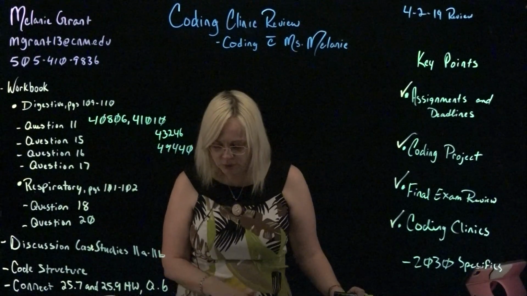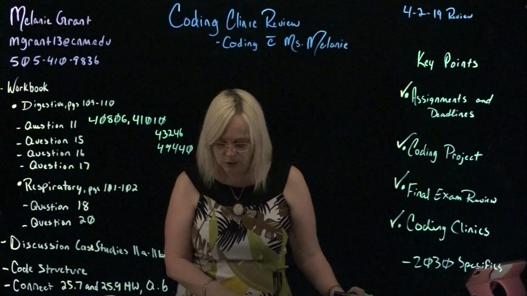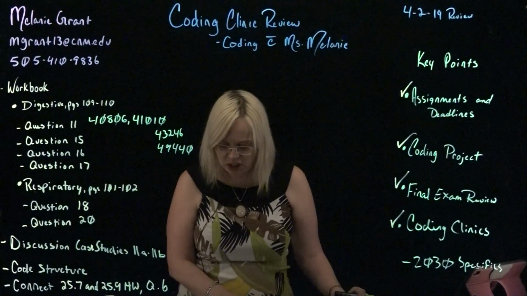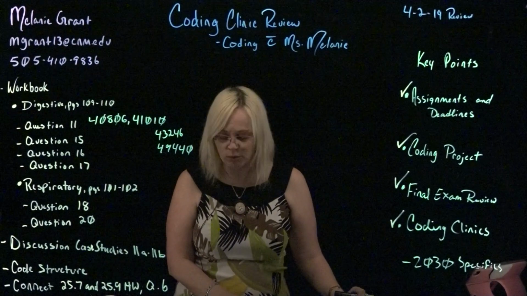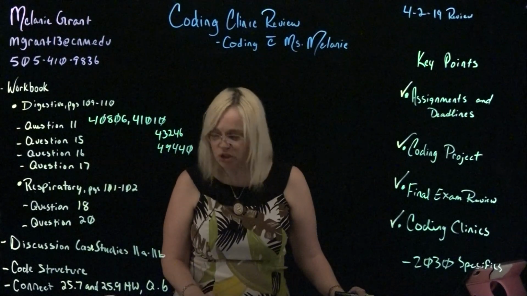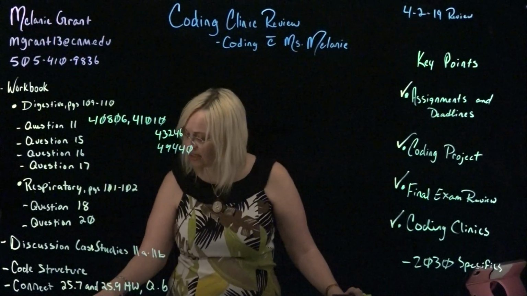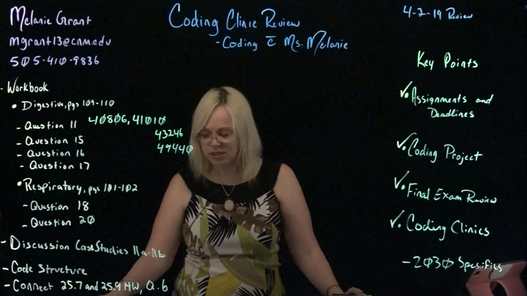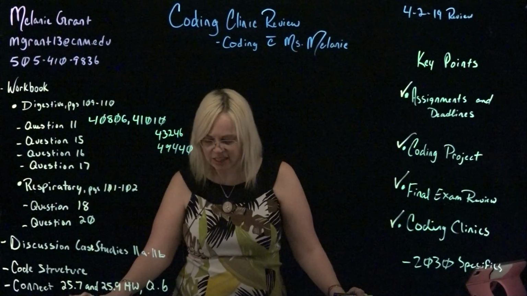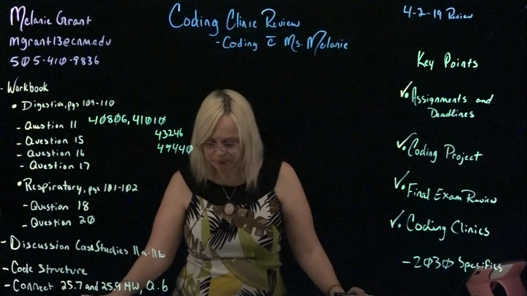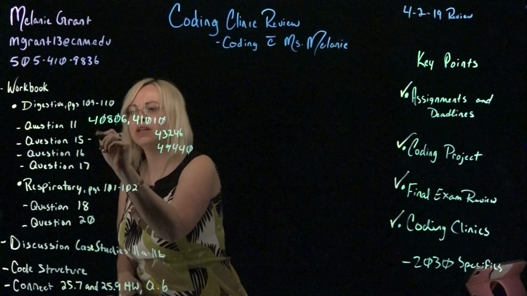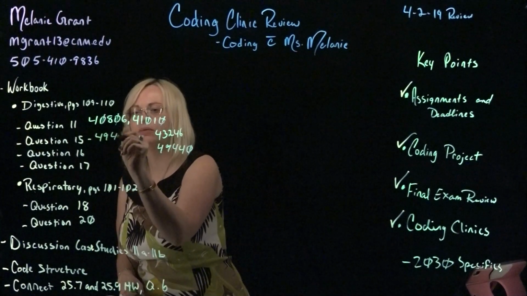Looking at 49440, insertion of a gastrotomy tube, percutaneous under fluoroscopic guidance, including contrast injections, image documentation, and report. This is the correct code because we did have radiological supervision and interpretation, which is that report, and it is indicated in this procedure here. So for question number 15, 49440 is the correct answer.